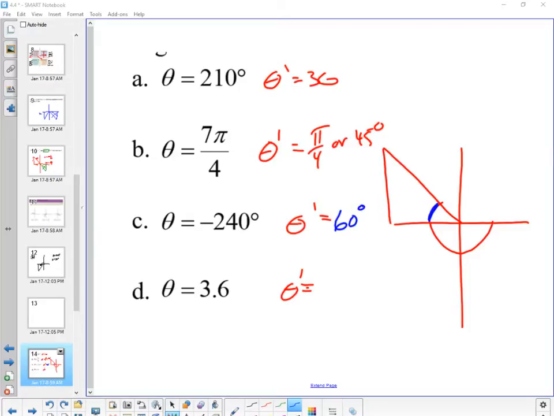My theta prime should always be positive. What I trig with needs to be a positive angle. We're okay? Wouldn't this be theta prime? Show me.